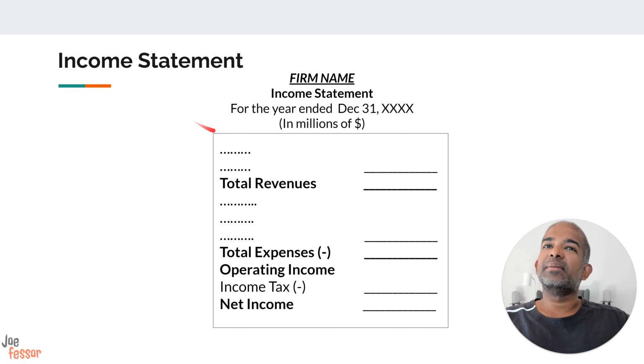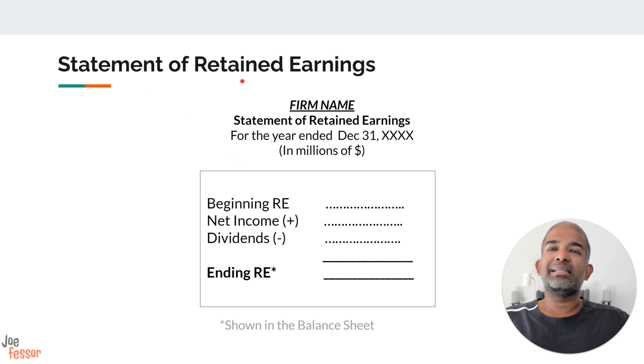Next, we'll look at the income statement. A typical income statement lists all the revenues and all the expenses and eventually shows the calculations that lead up to the net profit generated by the firm. Then the statement of retained earnings takes the net income from the income statement, adds it to the beginning retained earnings for that time period, subtracts whatever dividends have been paid, and calculates the retained earnings at the end of that time period.